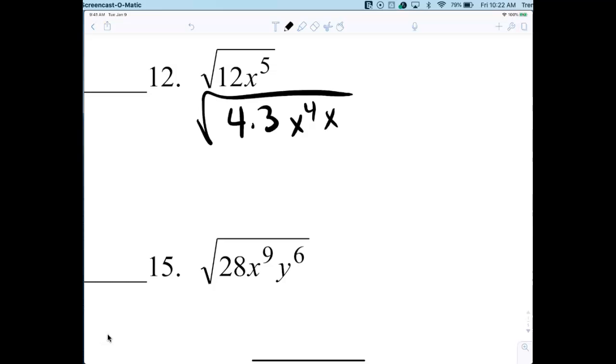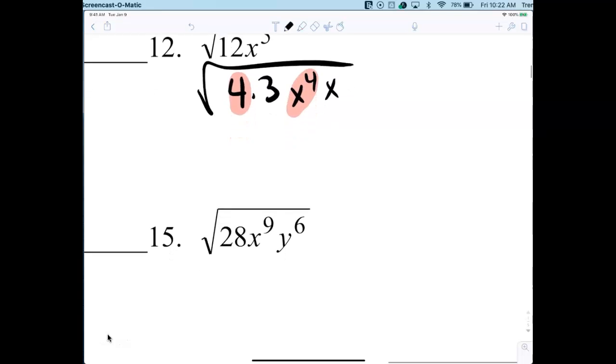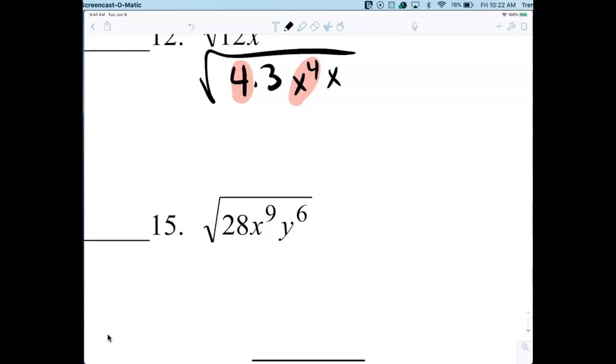You're trying to find a perfect square. 4 is a perfect square. x to the 4th is a perfect square. What's the square root of 4? Square root of x to the 4th. What's left behind? Beautiful. Come on.